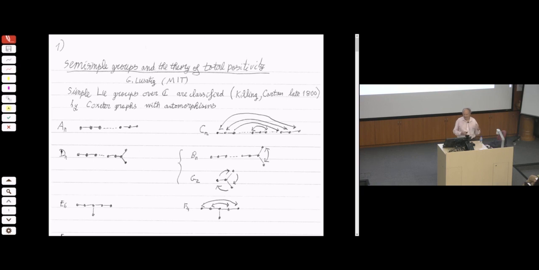I think this contains more information than the other notation, and I think it is better. But in this lecture I will focus on the simply laced case, which are the ones on the left.